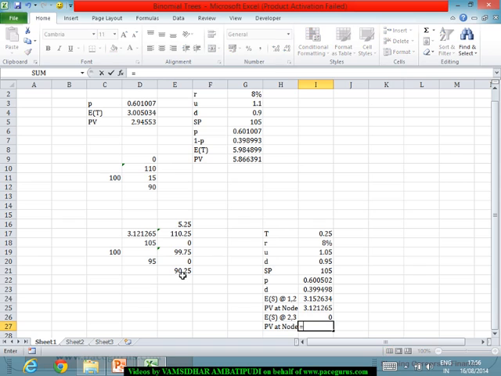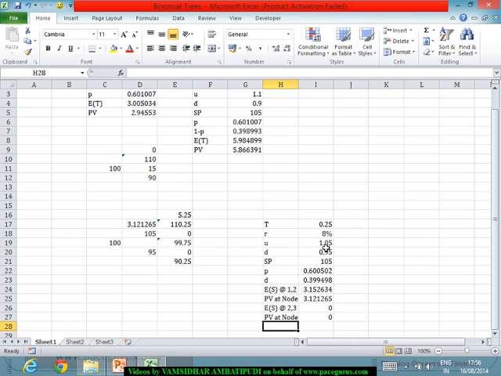So I'll take the present value, this divided by e to the power of r t, 1 by 8. So this is working out to 0. So this particular number for me is working out to 0. Now using 3.125 here, 0 here, I should be able to find another expected value.